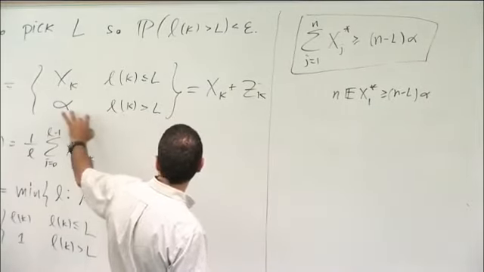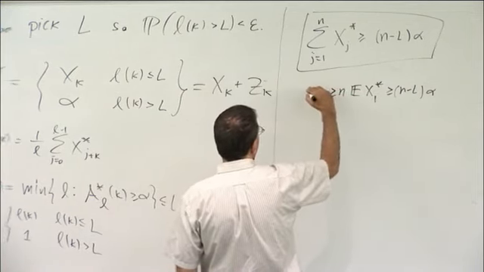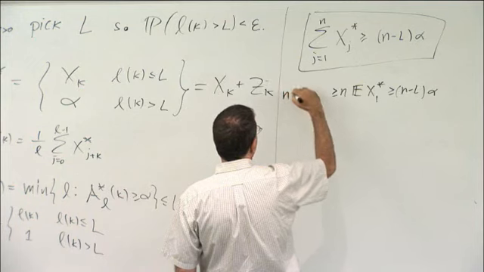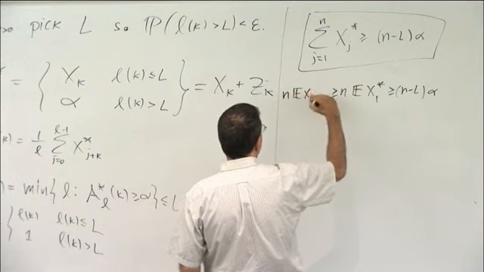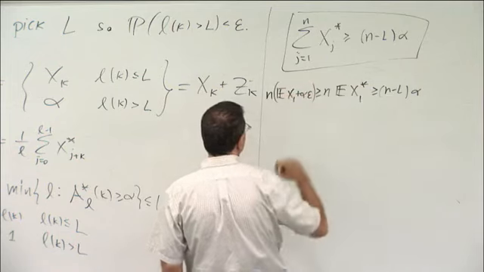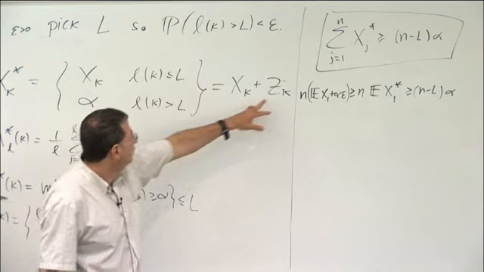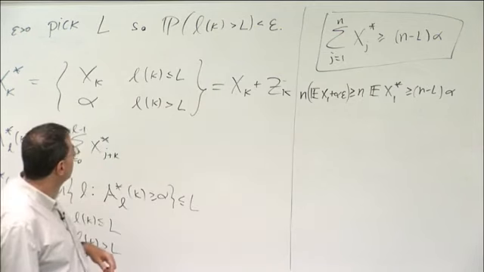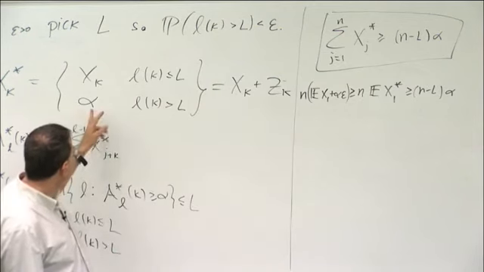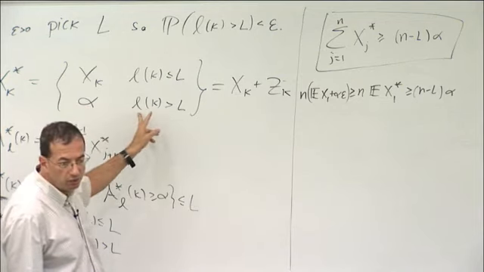It only differs in this case, so this is at most n times the expectation of x_1 plus alpha epsilon, because the difference is just the expectation of z_1, and that difference is at most alpha, with probability at most epsilon.